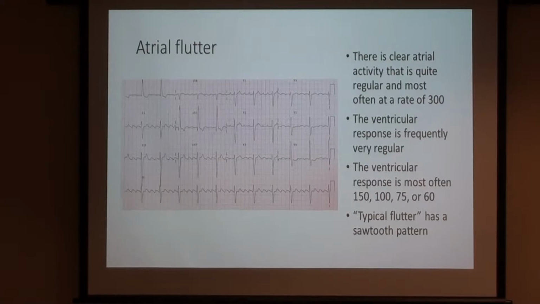It can look different than that, and if it does, it is so-called atypical flutter, which means that sometimes it's coming from the left atrium and is much harder to ablate. If you show this to an electrophysiologist, you're going to have to give him a cup to catch all the saliva because he wants to ablate this so much. This is an easy, simple ablation that is 97% of the time curative. So this is what they're after. They love looking at that.